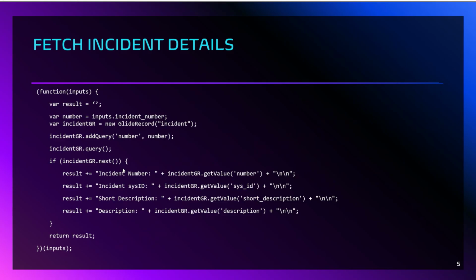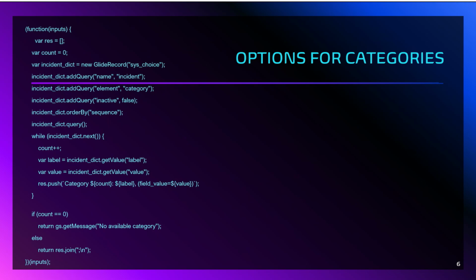In part one, we went through multiple tools we added to this agent. The fetch incident detail tool returns the incident based on the incident number we give as input. The second one is for category.